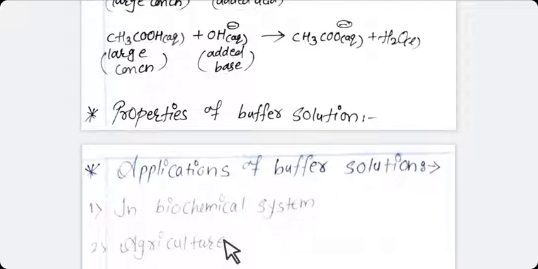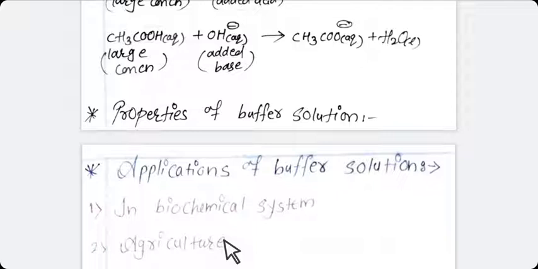The next point of application of buffer solution is in agriculture. So in agriculture, the soil gets buffered due to the presence of salts such as carbonate, bicarbonate, phosphate and organic acid.